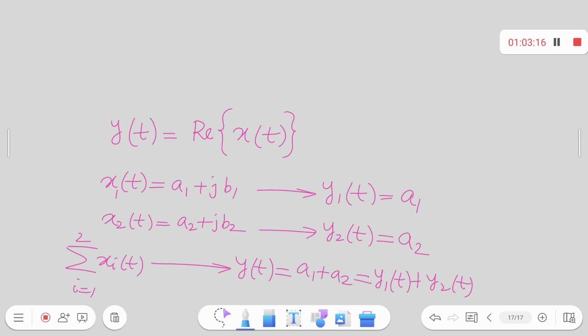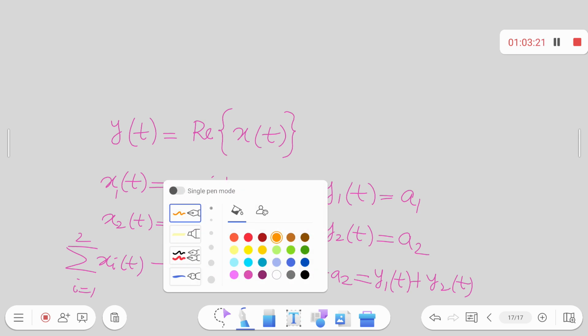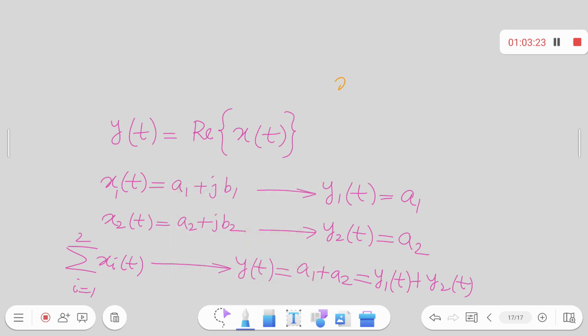Now if you multiply x of t and make it c x(t), where c is equal to square root of -1. Okay. Then what will be your x1(t) then?